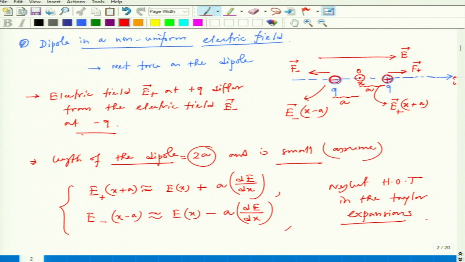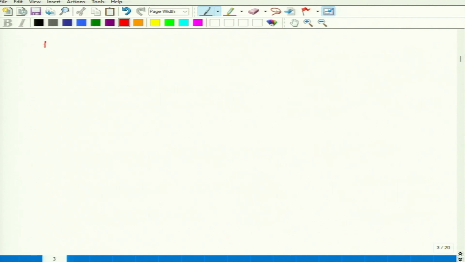So then the force on the dipole becomes F_e.